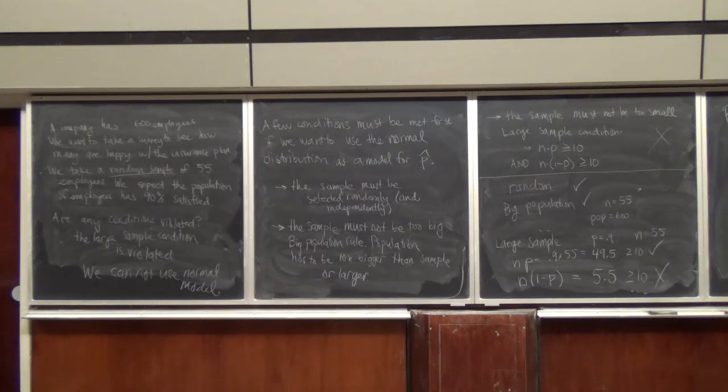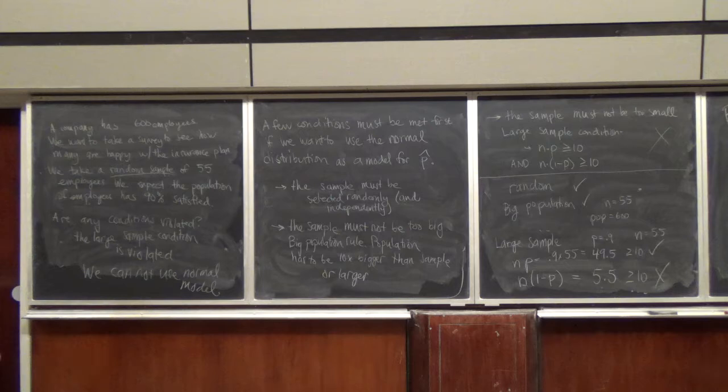That's our answer. If that comes up on the test, we cannot use the normal model. That is correct. You have to write the large sample condition is violated. I will ask you which condition is violated.